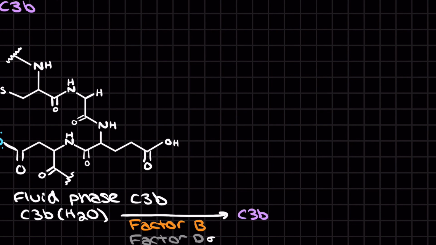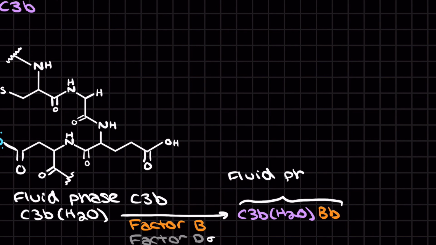It's C3bH2O BB, and this is known as fluid phase C3 convertase. And this is a functional C3 convertase. It can convert C3 into C3a and C3b.